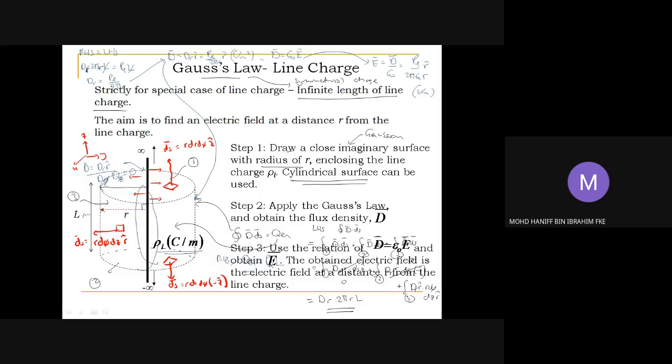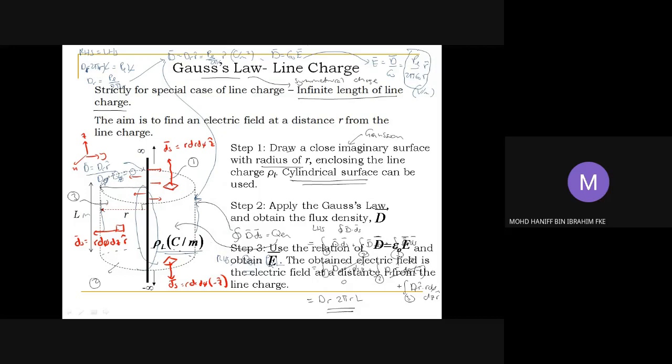This E field intensity is measured at any point on the curved surface, as long as the distance of that point from the line charge is r, where r is the perpendicular distance from the line charge. So we have obtained this equation, which is somewhat similar to the Coulomb's law equations that we saw earlier in chapter 2.